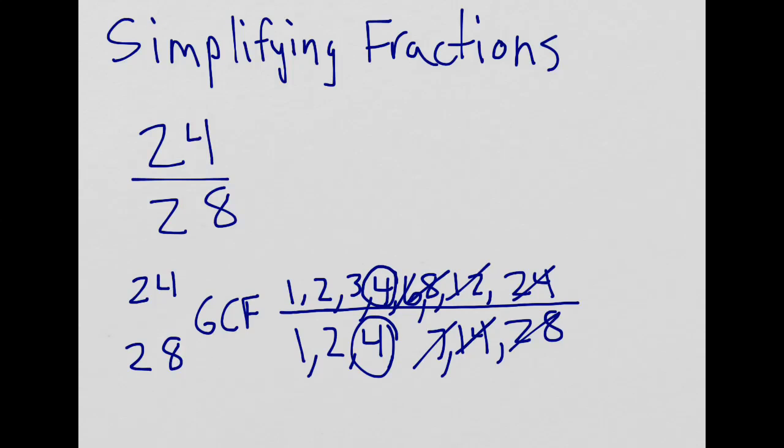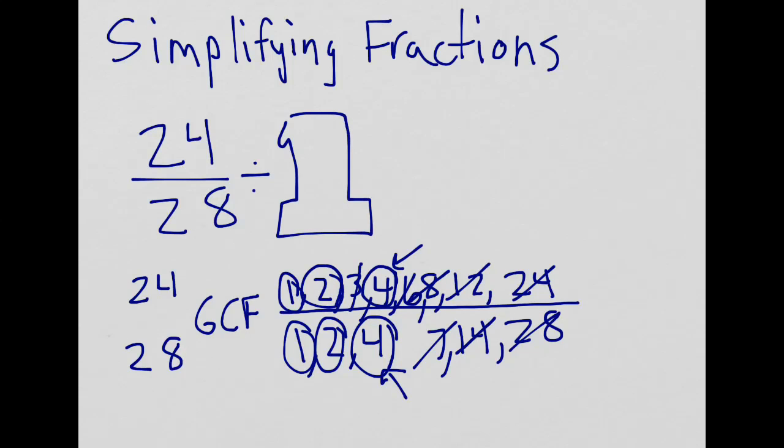I also see 3 doesn't match up, but 2 and 2 both match up. 1 as well. So looking at 1, 2, and 4, my greatest or my biggest common factor is 4. If I do simplify by something other than 4, I'm going to have to simplify multiple times. So my GCF, or my greatest common factor, is 4.